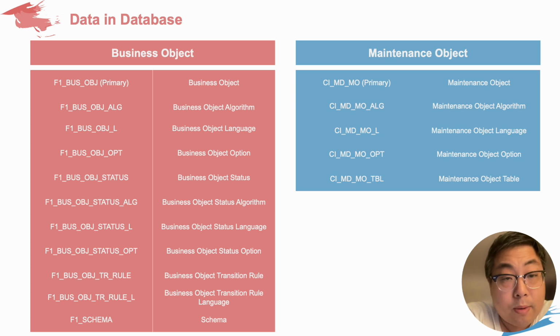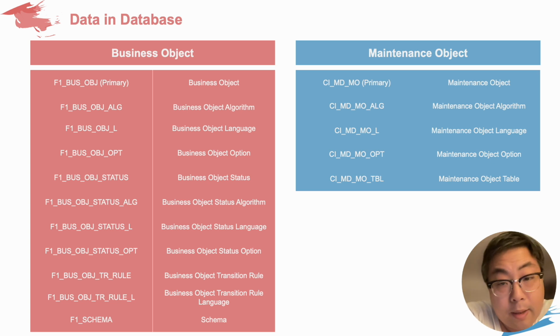database tables. So I will do a quick introduction of what different types of tables you will actually see, or what pattern you might see in the future as well. So for each of the maintenance objects, you will have a primary table, and all the rest of the tables are subtables.